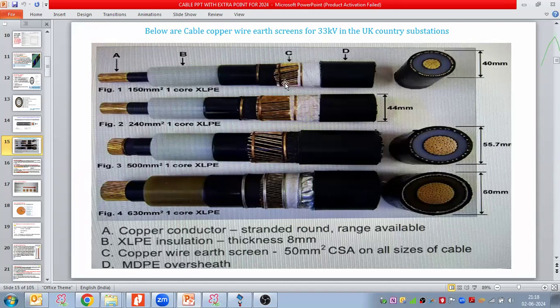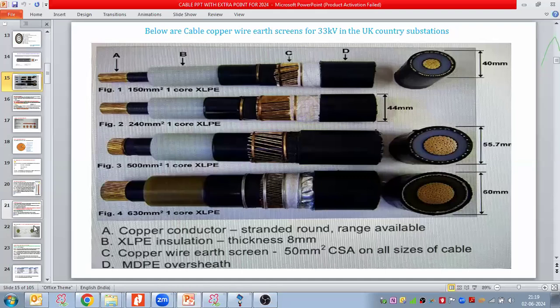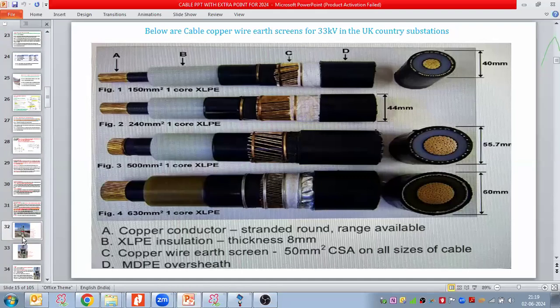This metallic screening plays a very important role. Even though we are taking this in the cable construction, during installation we have to deal properly with this cable screening. So we'll come to the installation aspect of this as well. So let us see why we are taking this.